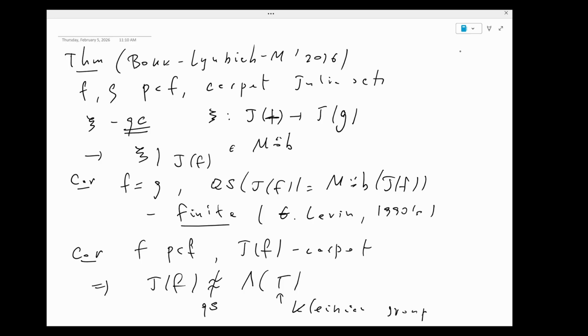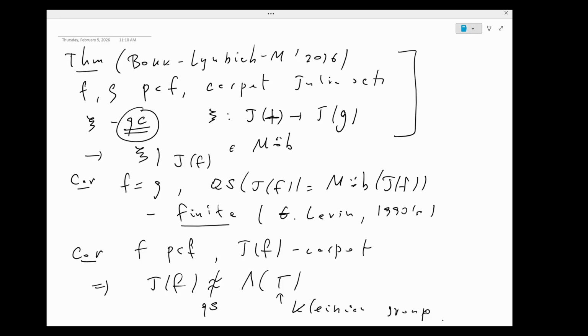In fact, this was one of our main motivations for this result at the time. We were mostly interested in distinguishing various geometric or dynamical carpets up to quasi-symmetry. And the quasi-symmetry group is, of course, an invariant. So we were interested in just quasi-conformal maps at the time. Okay, so this is the result.